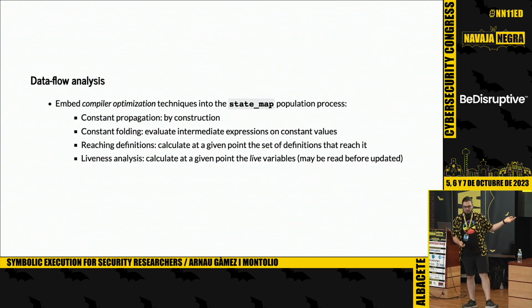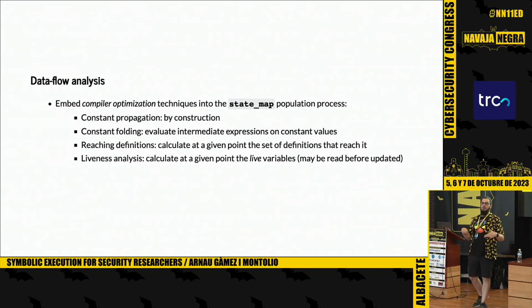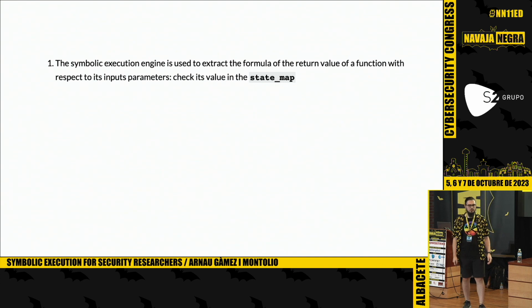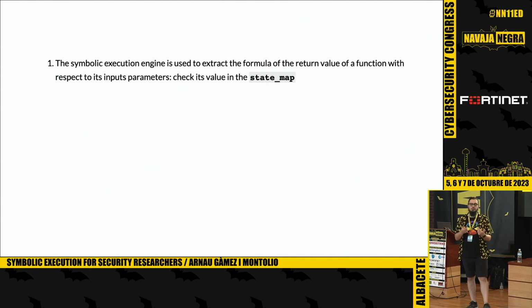It's just some ideas, but the thing is, as I said, the state map keeps track of the data flow changes, so we can apply data flow analysis on that in the very same way, the same kind of algorithms that compiler optimization techniques perform. Kind of the most popular thing to do with that in data flow is to get the symbolic execution to give us the formula or the constraints for a function's return value, okay?